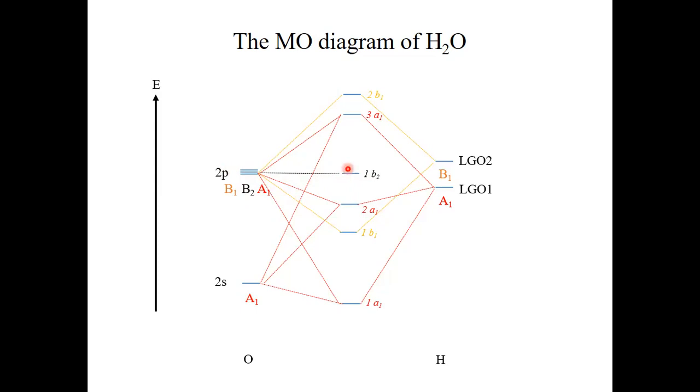Again, we indicate the symmetry type and give it a coefficient. In this case, we have only one orbital of that kind, so we have only one coefficient, which is 1.